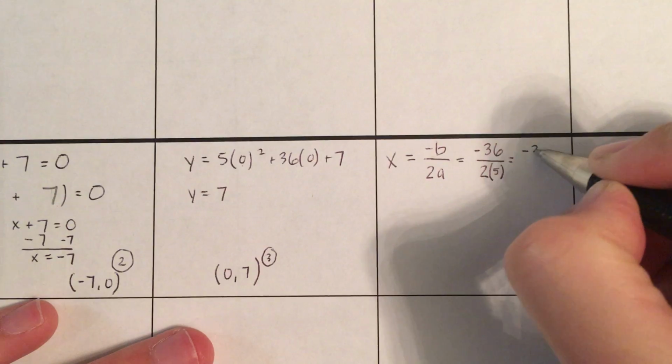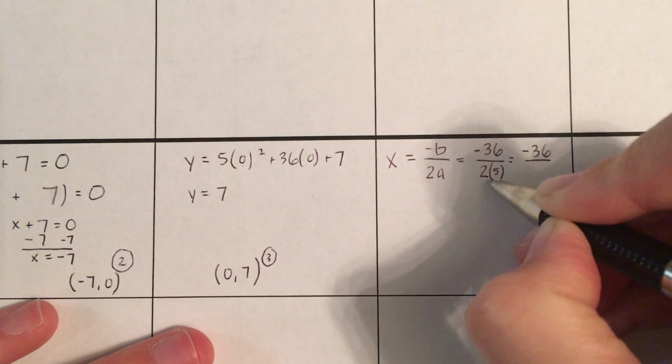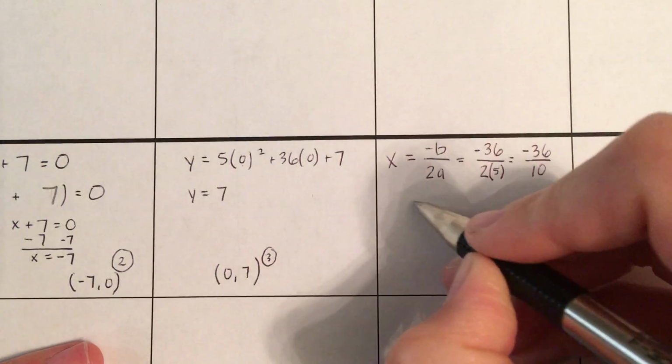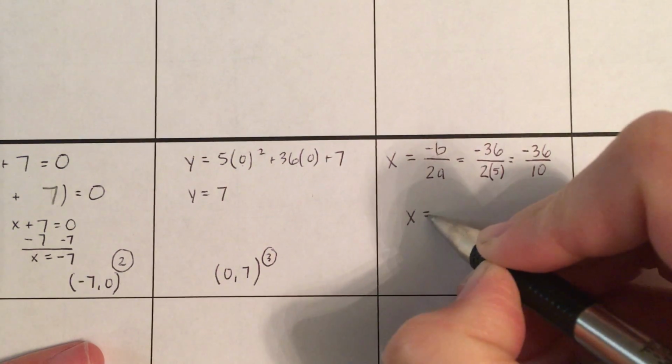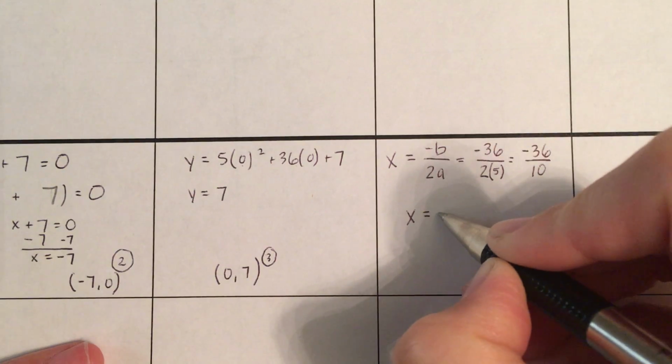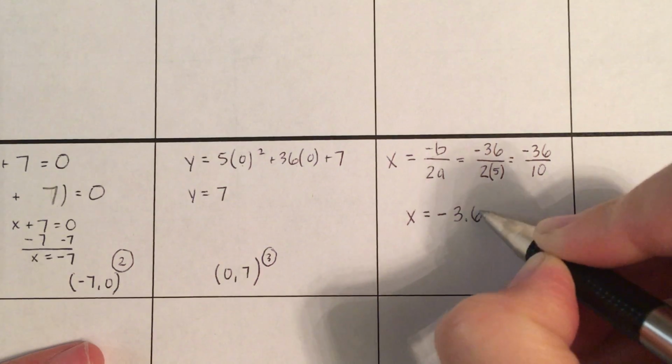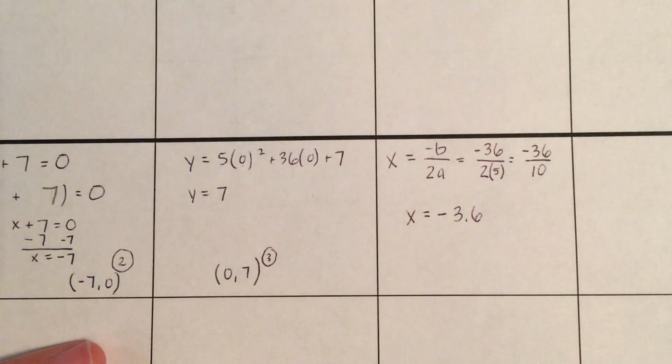So that becomes negative 36 over 2 times 5, which is 10. 36 divided by 10 is, and this is negative 36, this is negative 3.6. Okay, that's our axis of symmetry.